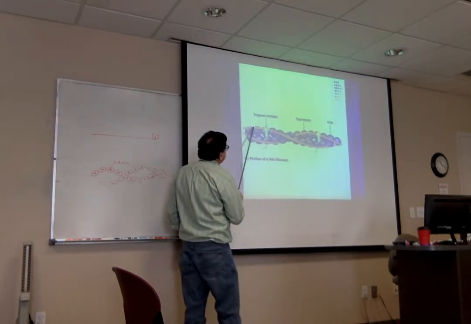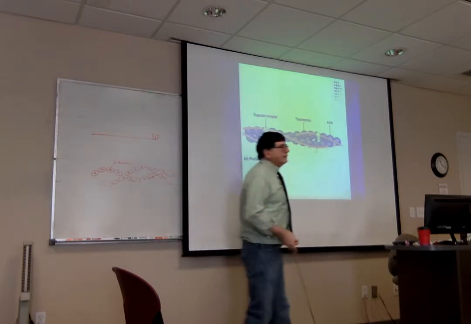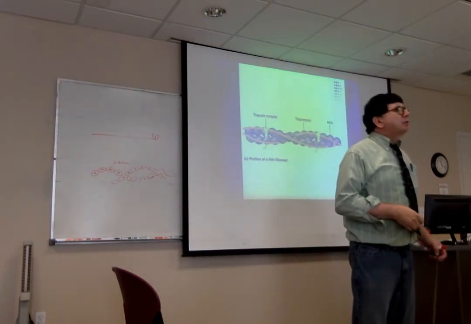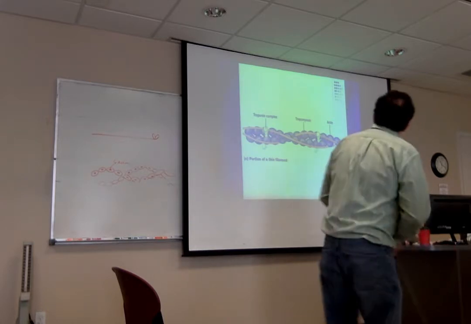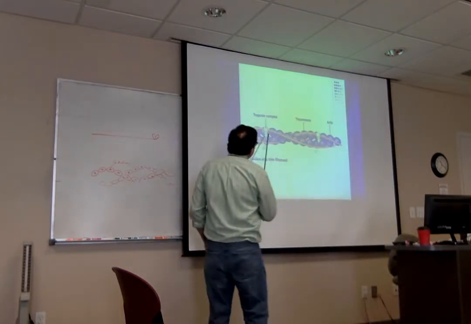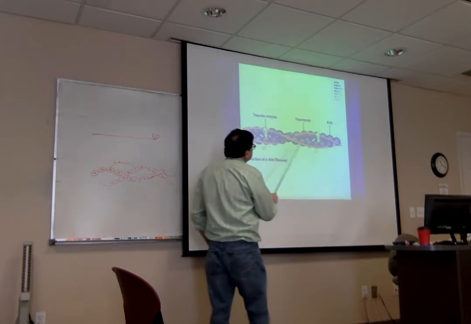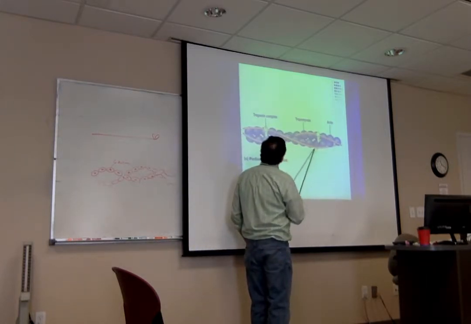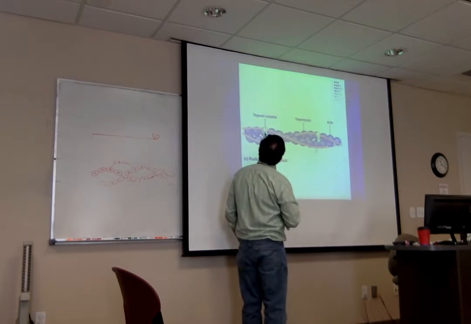Tropomyosin at rest is covering the binding sites. It's held in place by another regulatory protein called troponin. You see these troponin molecules? They look like little snowmen here with three little balls.